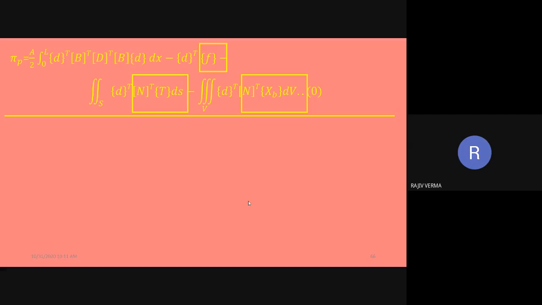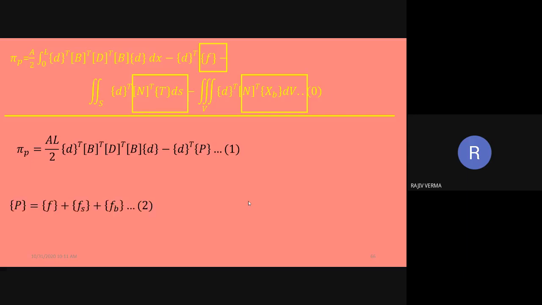We can club the 3 types of forces on display to give you a single expression given by equation number 1, where the P matrix now represents the summation of all the types of forces acting on the body.